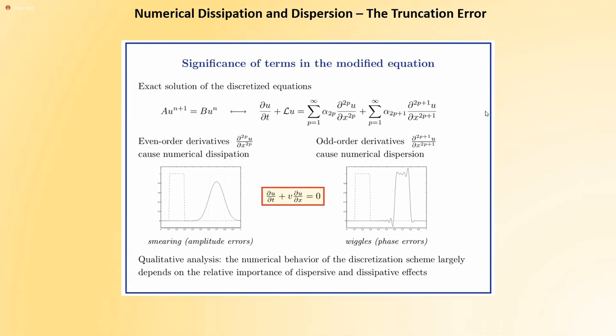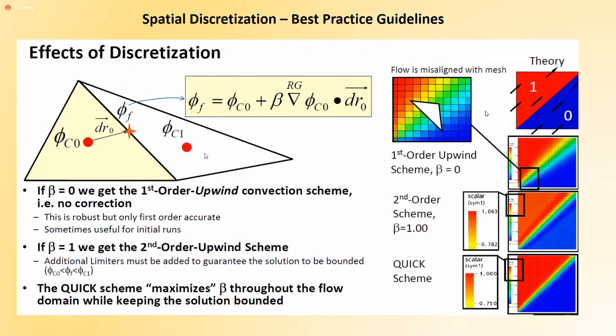We said that even derivatives are in charge of numerical dissipation, and the odd derivatives of the dispersion error, numerical dispersion. If we use first order, it means we threw the second order out of the Taylor expansion.